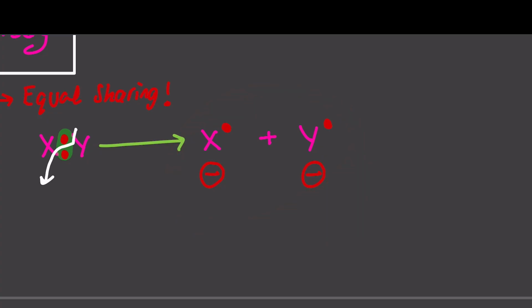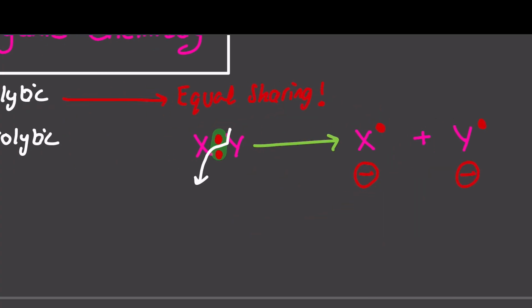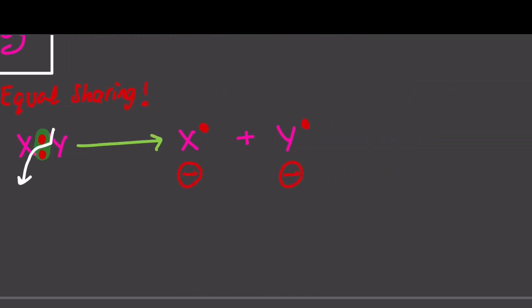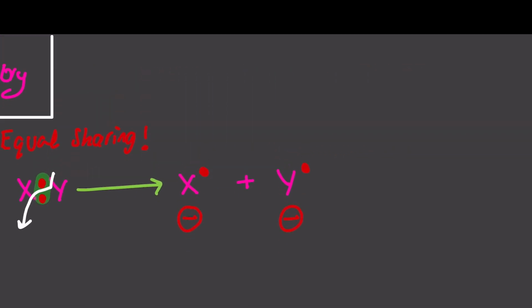So in homolytic fission, for your exam purposes, this is essentially what's happening, but let me write a few things. What is homolytic fission? We say the definition, because obviously in the exam they want you to know the definitions.